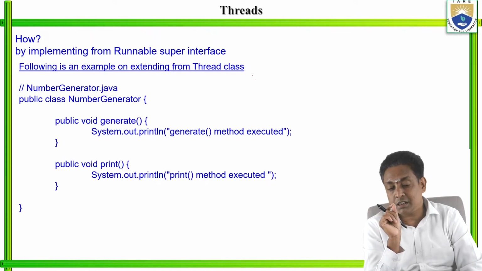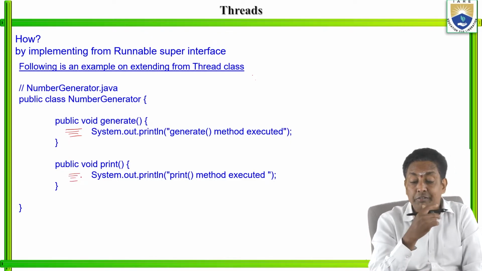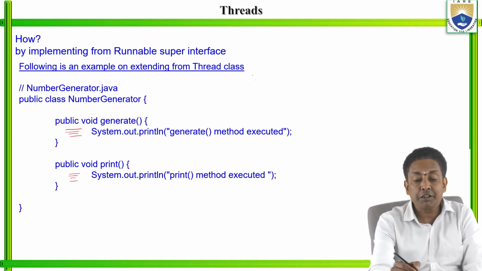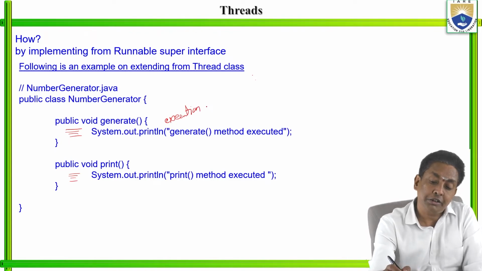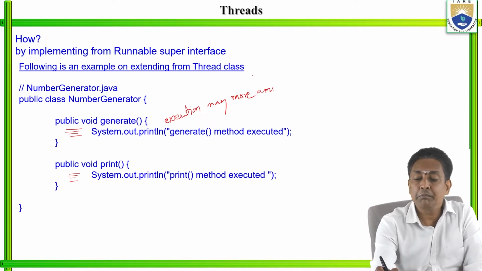The point is the logic written in the generate and print methods is such that each method's actual execution may take more time. Why more time? Because they may be doing some database operations.